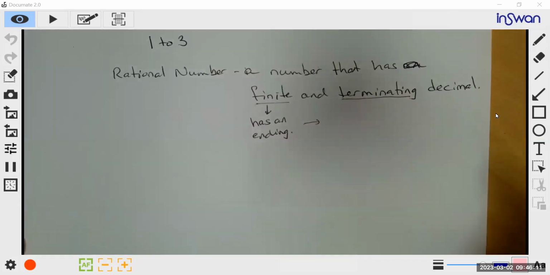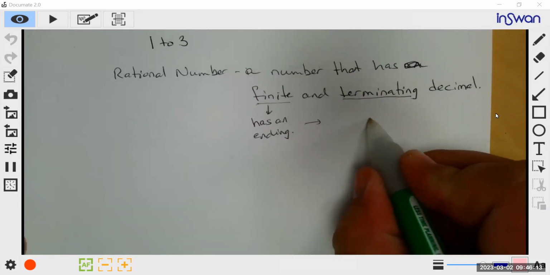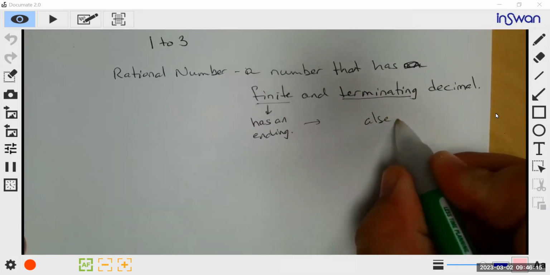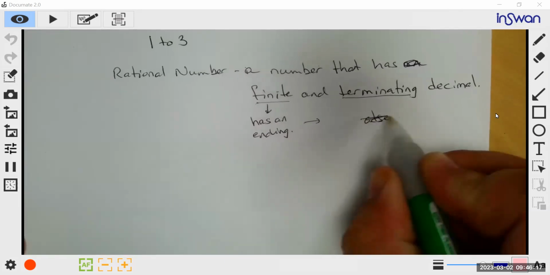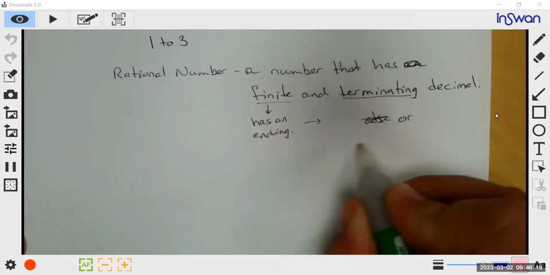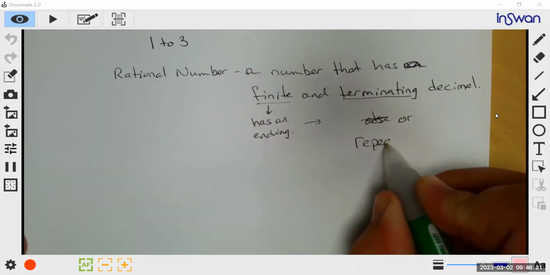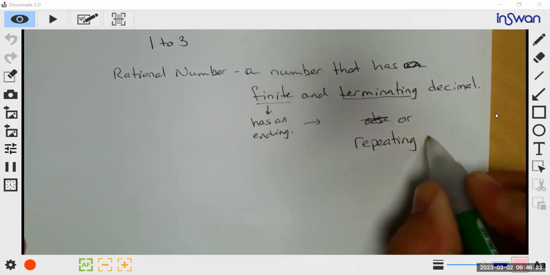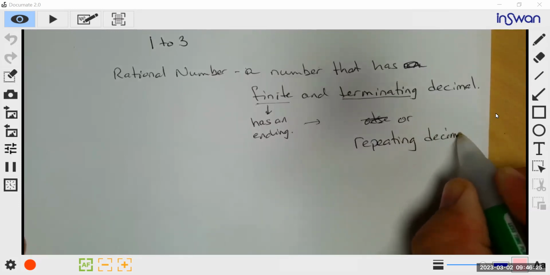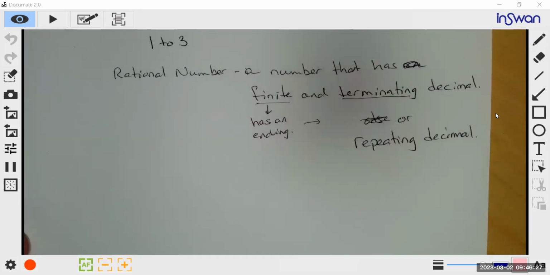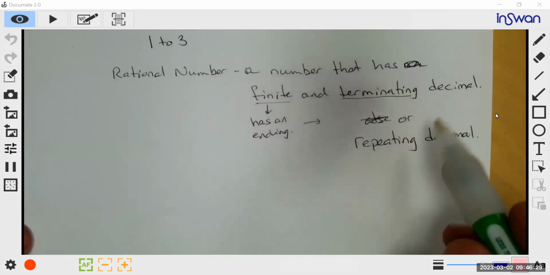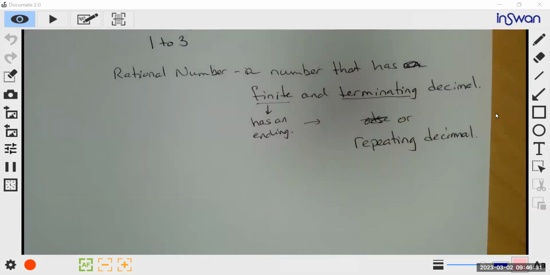Has an ending. It's also, or I should say, or repetitive. Repeating decimal. So a rational number is one that's finite and terminating or repeating.